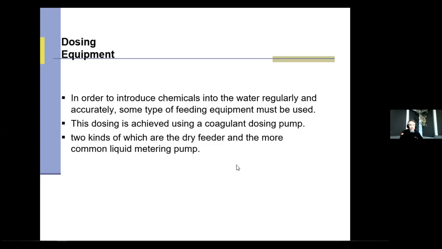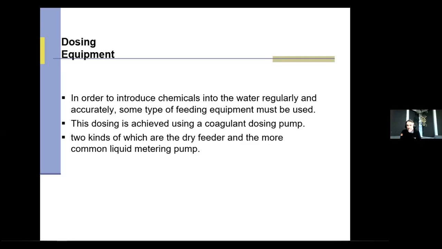We'll talk a little bit about dosing equipment, the equipment that is used to introduce these coagulants to the water. Sometimes there's a dry feeder, where you get the product in a dry form and have to add water to it. Adding water to a dry product is called slaking, and that's done less and less now.